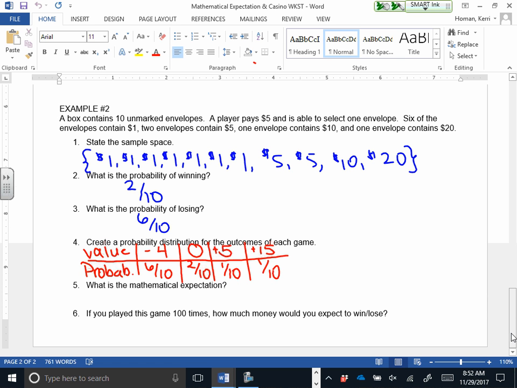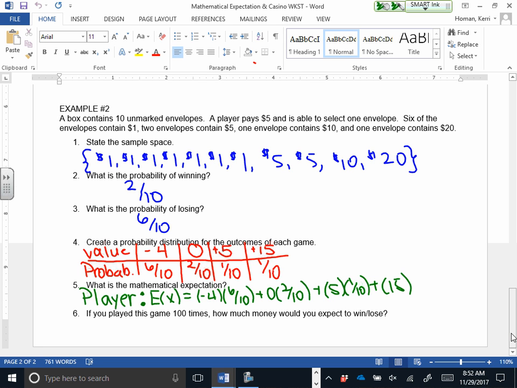Okay. All right, so some of you are already calculating away. The expected value for the player, we're going to take -4 times 6/10 plus 0 times 2/10 plus +5 times 1/10 plus +15 times 1/10.